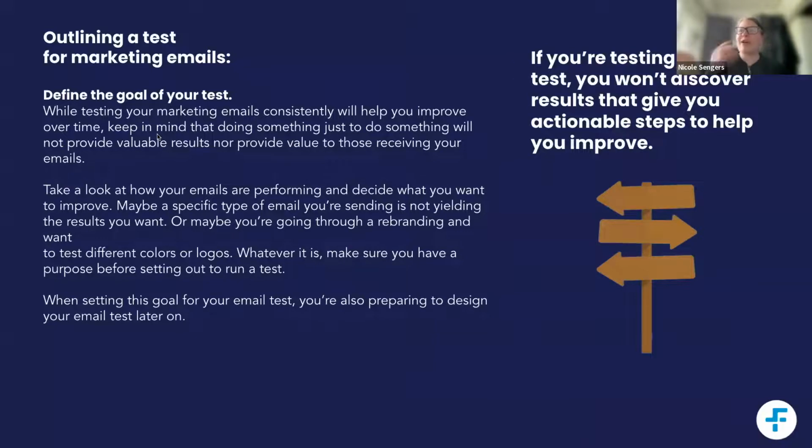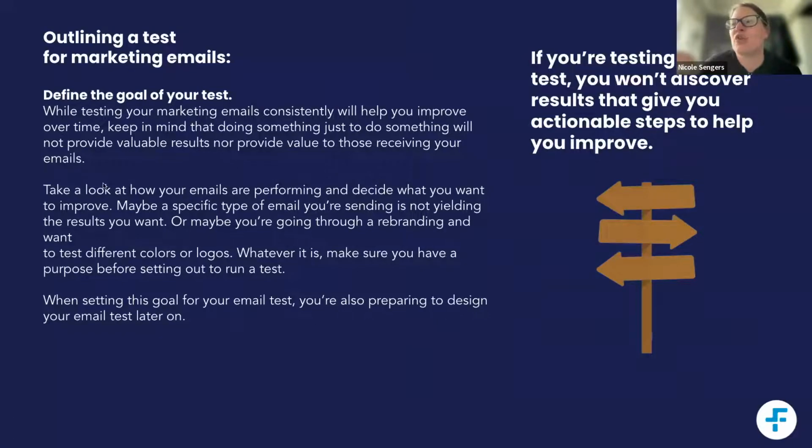So how do you run a test in a marketing email or on a landing page? Well, you're going to start with the goal. If you're testing just to test, you won't discover results that give you actionable steps to help you improve. So you've got to start with the goal. What are you trying to achieve? What do you want to learn? What do you want to find out?